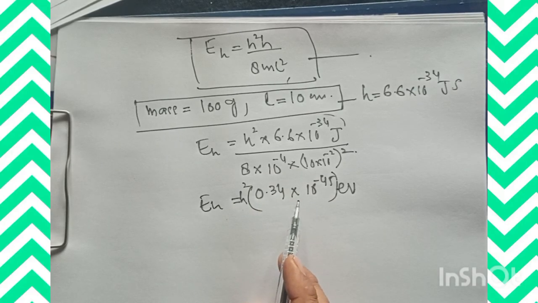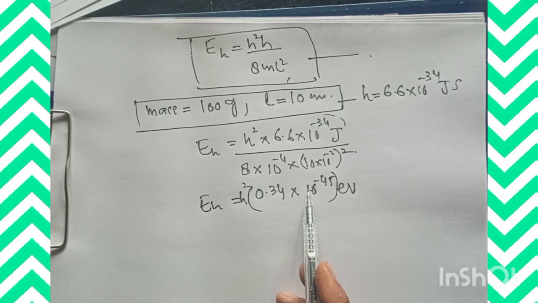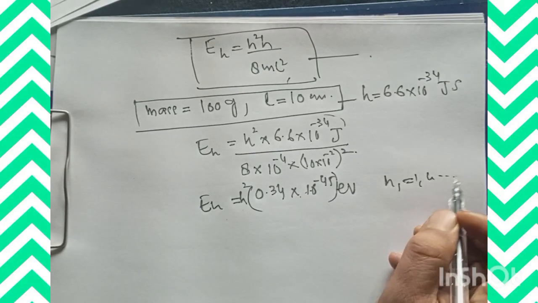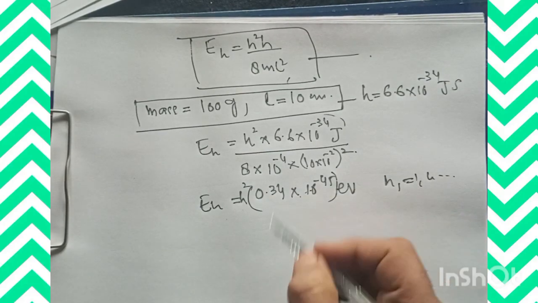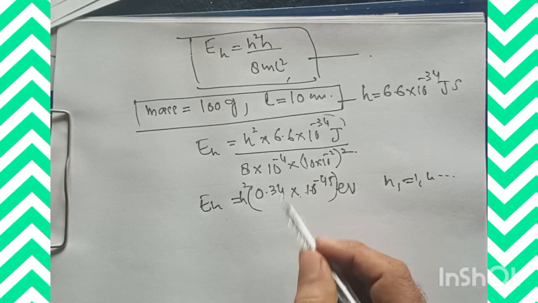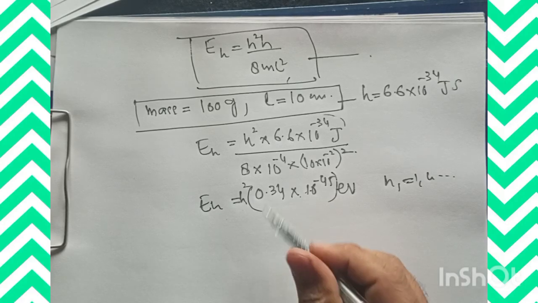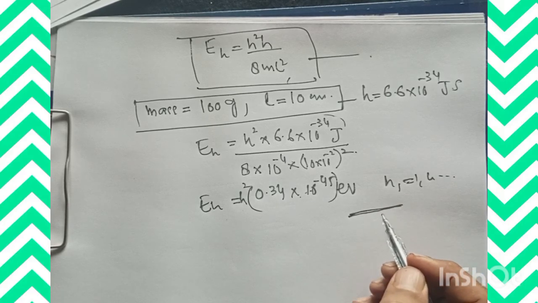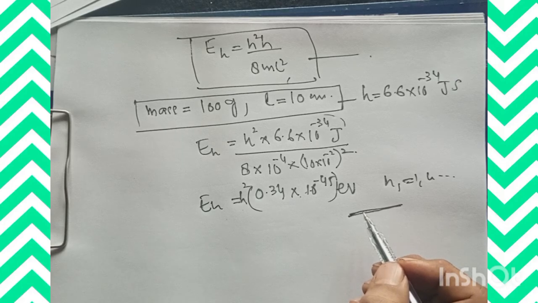Now, we can see that this value is extremely small. I mean, if we are going to substitute n equal to 1, n equal to 2, n equal to 3, these energies are extremely close to each other. These are so close to each other that it's practically impossible to observe them as separate lines.